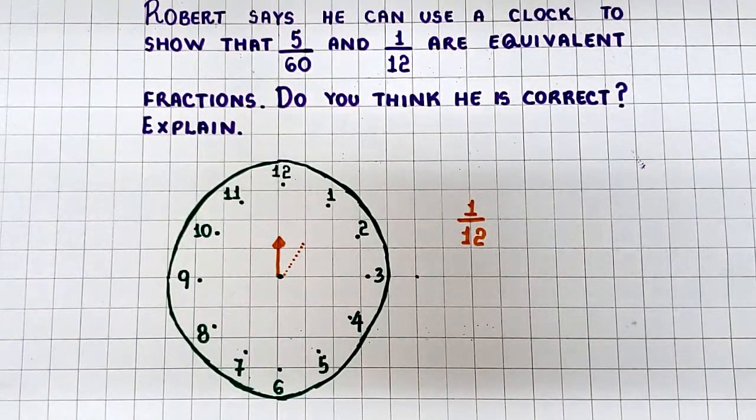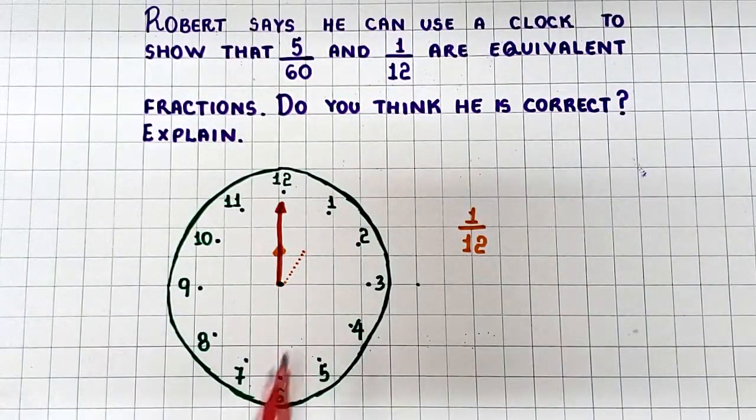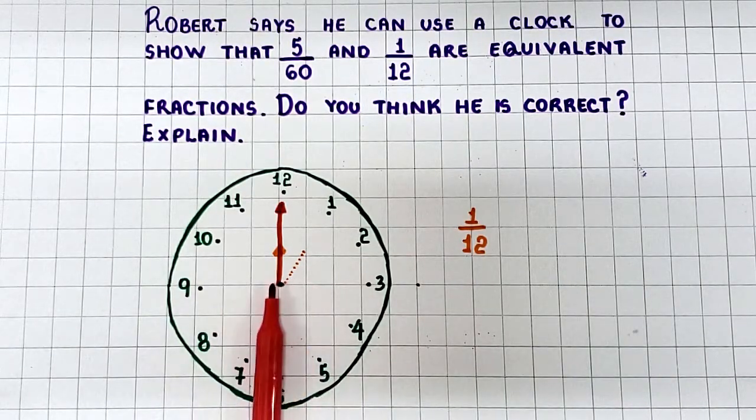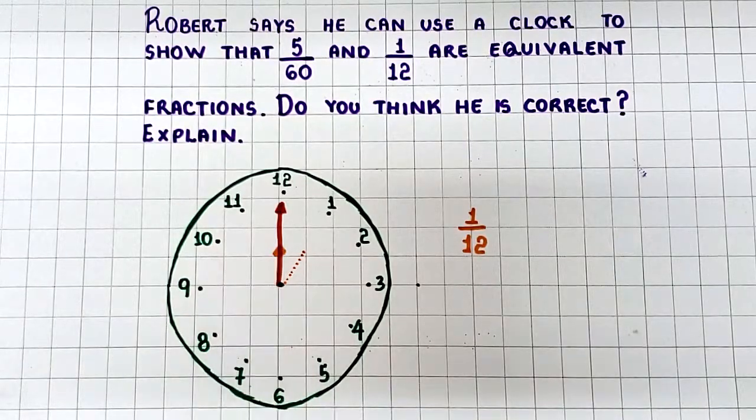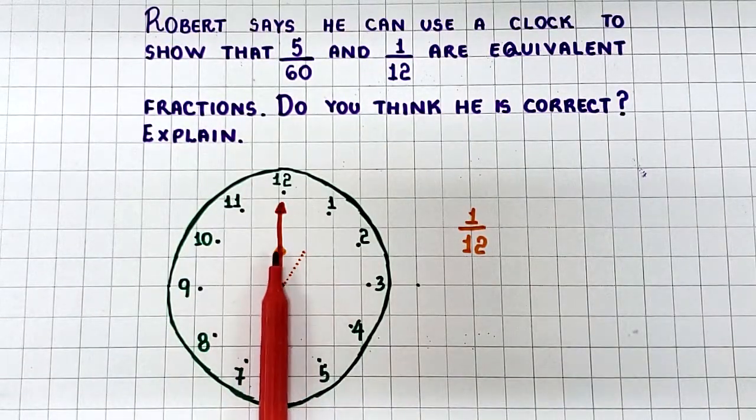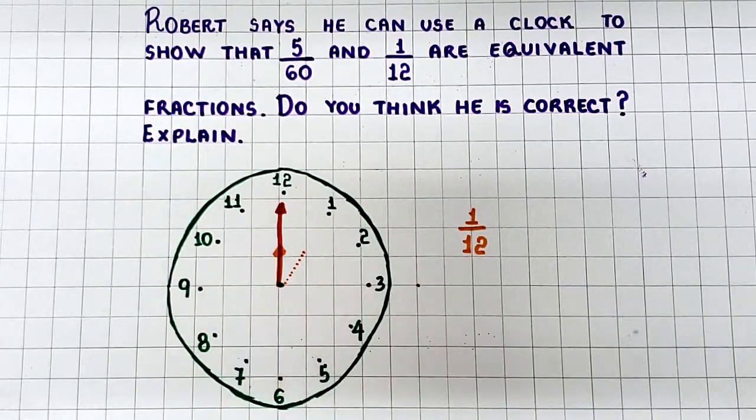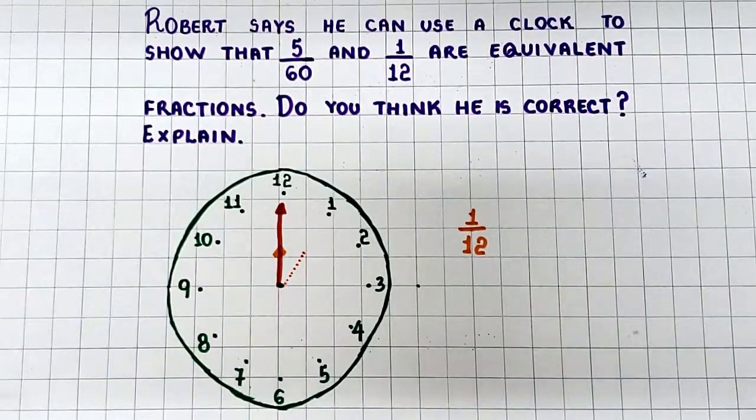Now let's think about the other hand. Let's start from the same point. That is, let's pretend the minute's hand is pointing to 12, okay? As the hour's hand moves from 12 to 1, how does the minute's hand travel? What does it do? 1 hour. And what does it mean in the clock?